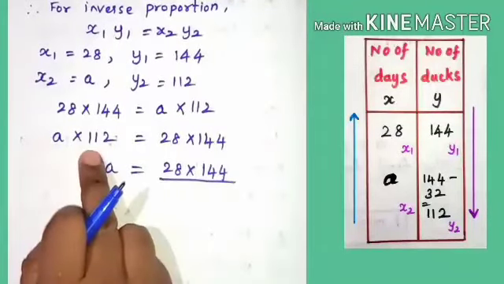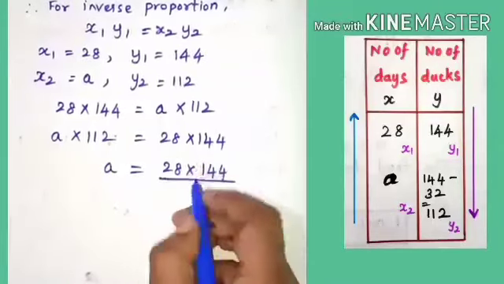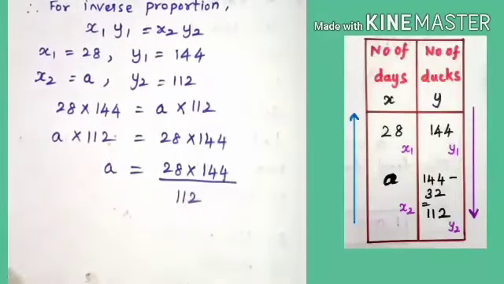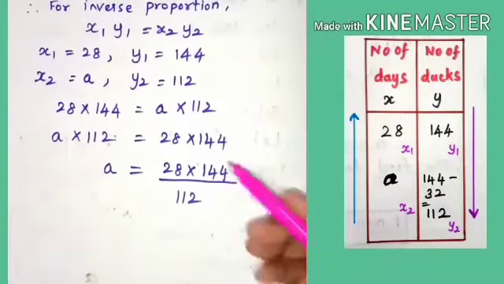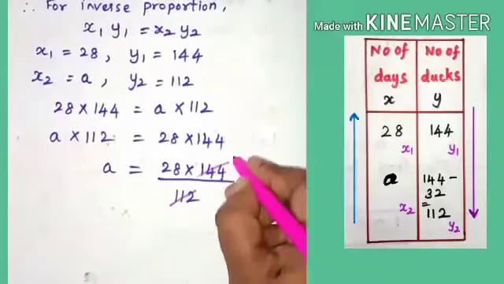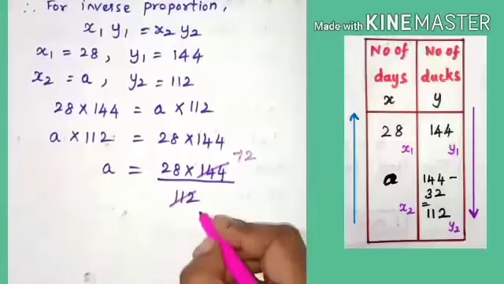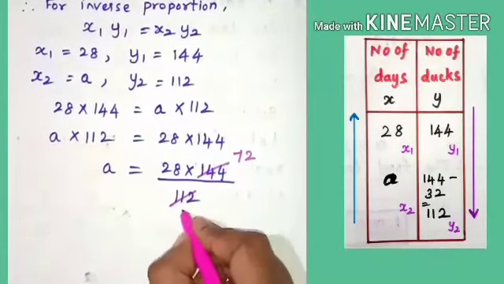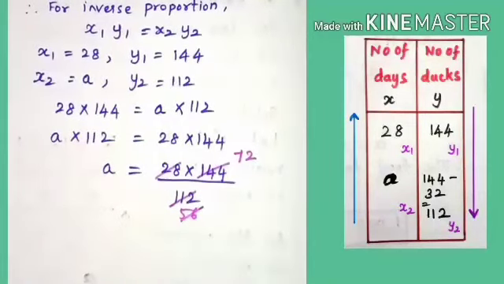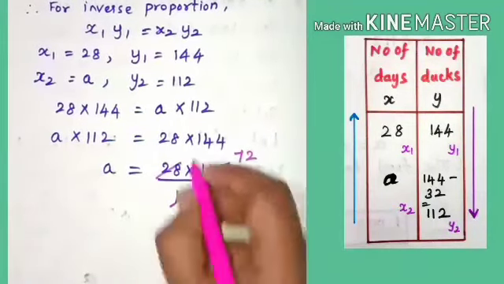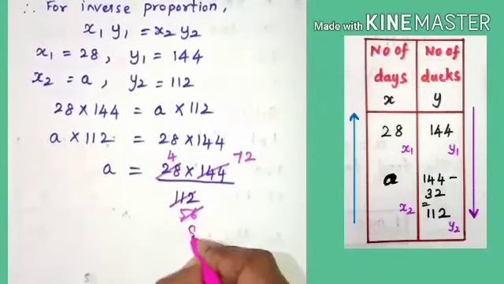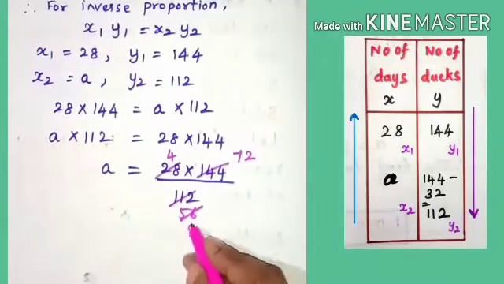Here this 112, when it crosses the equal to sign, it becomes 1 by 112. So now cancelling 144 and 112 by using the two table, here it is 72 and in the denominator it is 56. Now cancelling 28 and 56 by using the seventh table, in the numerator it is 4 and in the denominator it is 8, since 8 sevens are 56.